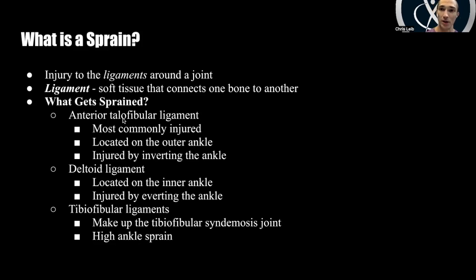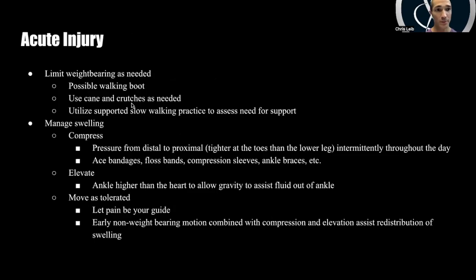There's not as much motion going that way, so it's less likely to be injured, but it does get injured. Oftentimes the ligaments that are less likely to get injured, when they do get injured, it's usually a longer healing process. And then the tibiofibular ligaments make up the syndesmosis joint, and that would be your high ankle sprain when that gets injured.